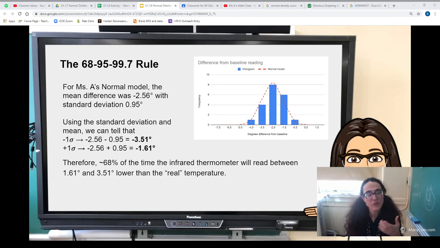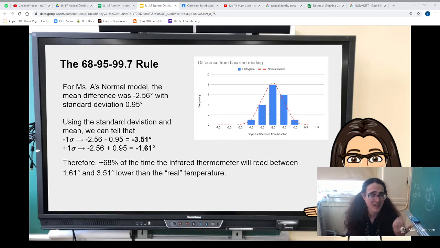So this is kind of a way of expressing confidence, right? It's definitely better than 50-50. Not much better, but a 68% chance is not too bad, right? I can express with a certain amount of confidence that for any reading, the difference from the true temperature will probably be somewhere between 1.61 and 3.51 degrees lower than the real temperature.